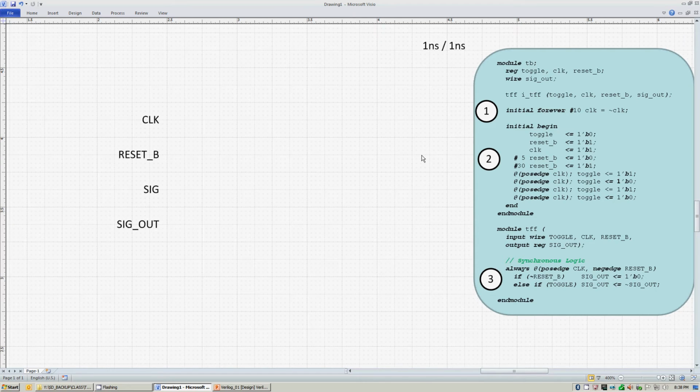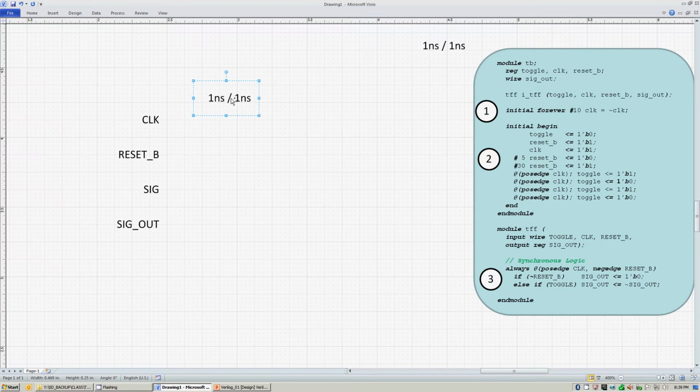Okay, simple enough. At time 0, we have to look at our initial blocks, because initial blocks start at time 0. This one says forever pound 10. Immediately we know this assignment will not occur until 10 nanoseconds later. It will take the inverted value of clock, not clock.